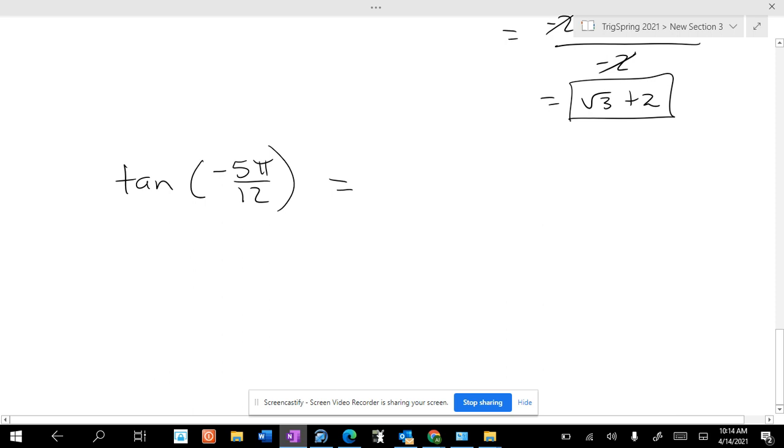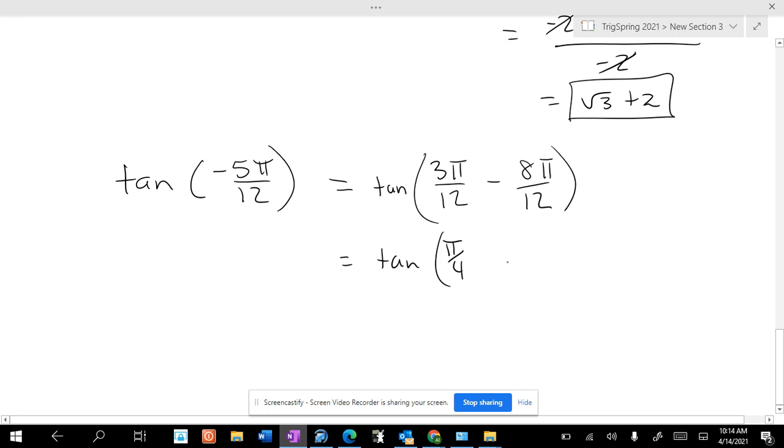How many over 12 is that? 8 pi over 12. So if I take 3 pi over 12 minus 8 pi over 12, I get a negative 5 pi over 12, right? Well, what's 3 pi over 12? Pi over 4, right? 8 pi over 12 is 2 pi over 3.